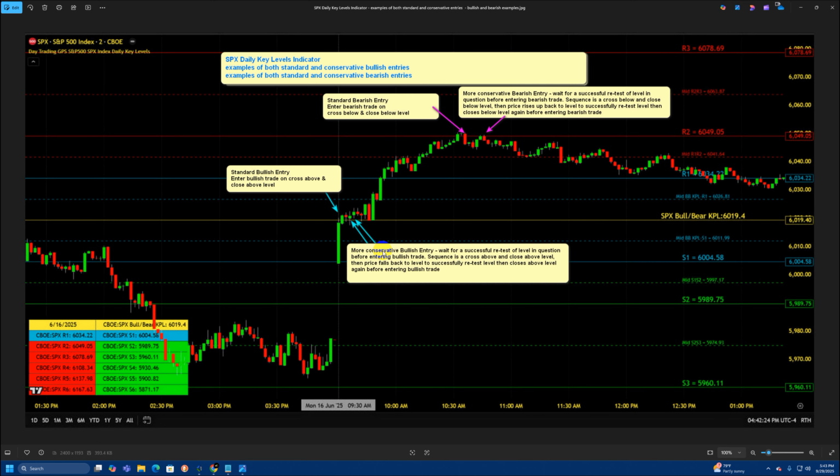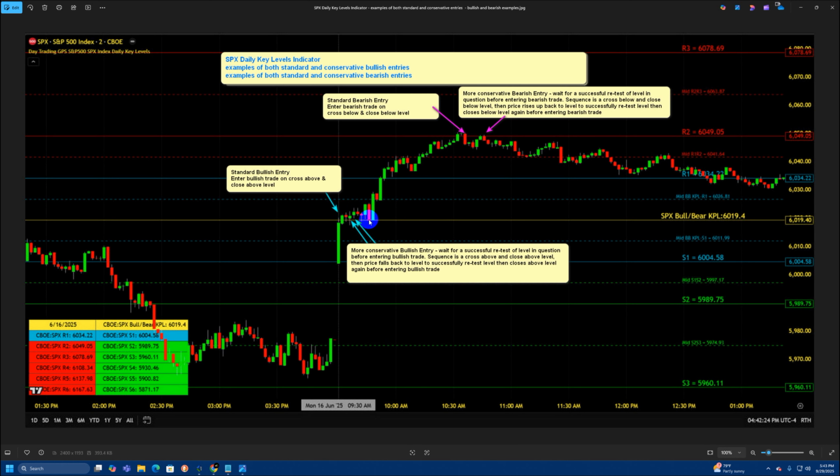Or if taking the more conservative bullish entry approach, you're waiting for a successful retest, for price to fall back to the level in question but still close above the level in question, and that is your successful retest. So you could have entered on this candle, or if you did not on those, you could have entered on this candle here, and it did retest the level.